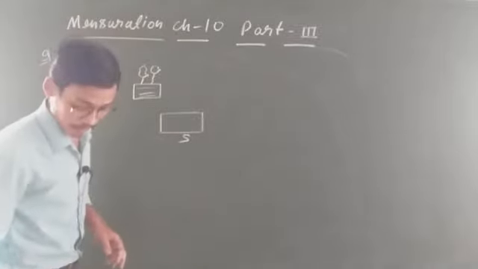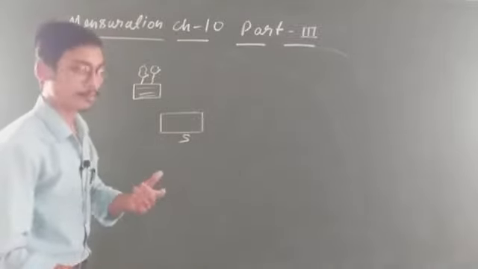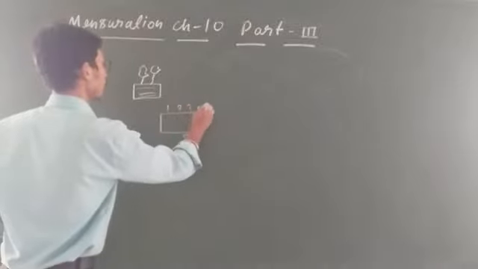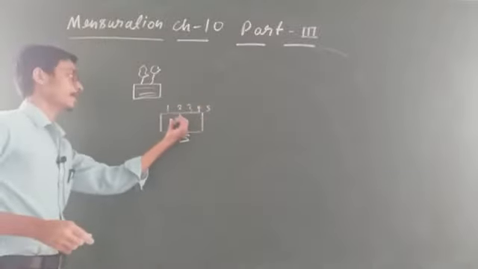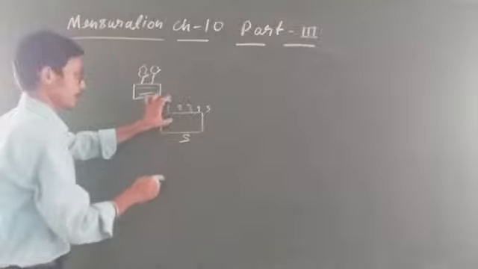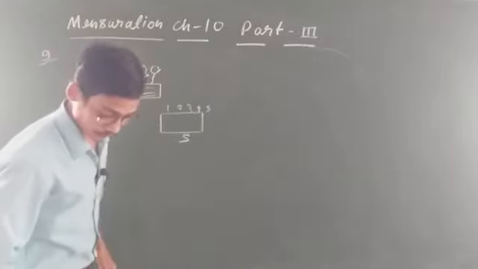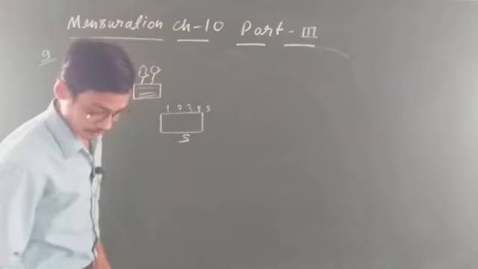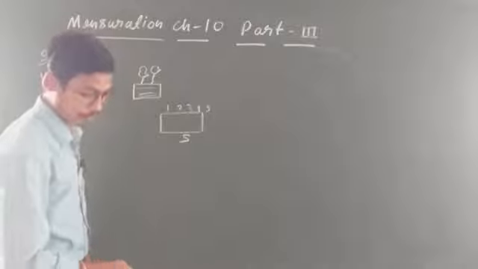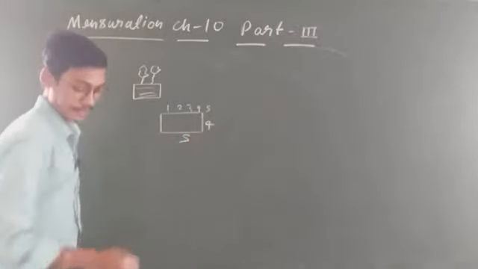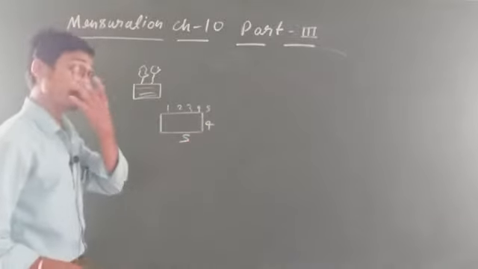In this, what is given? 5 square flower beds, that is 1, 2, 3, 4, 5. 5 square flower beds are dug. Dug means put in this area. Clear? Okay. The land is 5 meter long and 4 meter wide. And 5 meter long and 4 meter wide is given. And what is the area of the remaining part of the land?